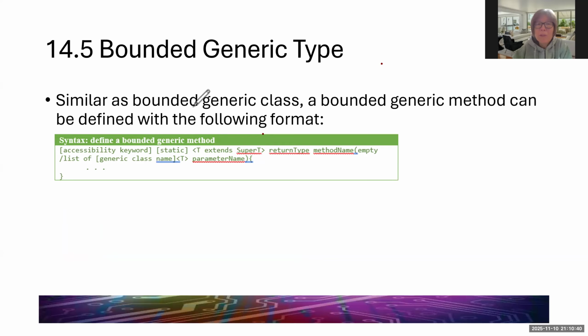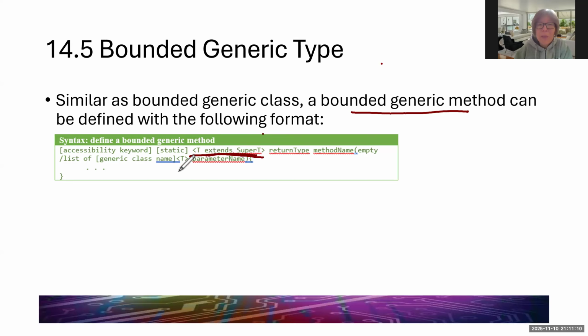So for bounded generic class, we also allow bounded generic method. Before the return type, in the type parameter for the generic method, you do the extends and specify some super type.